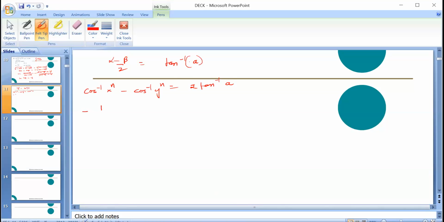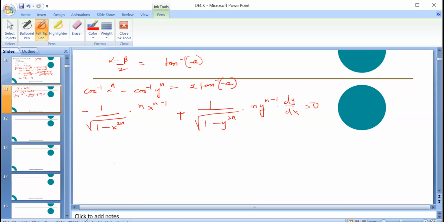We have minus 1 by square root of 1 minus x power 2n into x power n, derivative is n x power n minus 1, minus, cos inverse derivative is minus 1 by square root of 1 minus y power 2n, y power n derivative is n y power n minus 1 into dy by dx, equal to 0.